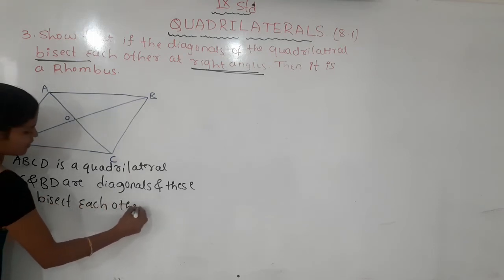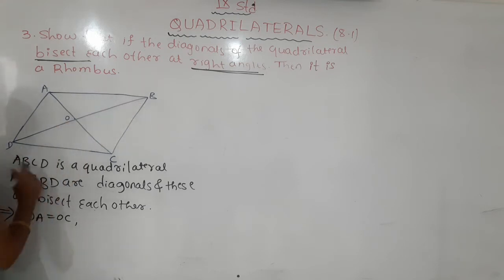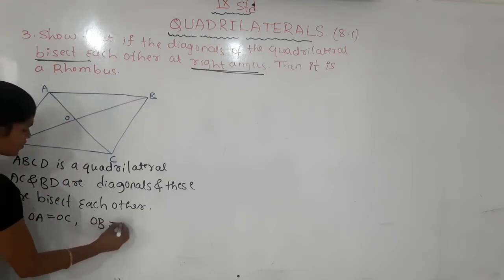Yes, if they bisect each other, this implies OA equals what? OC, and OB equals what? OD.